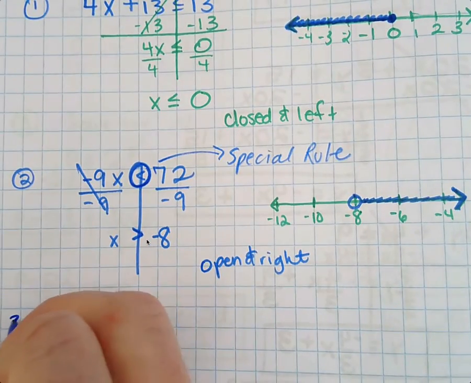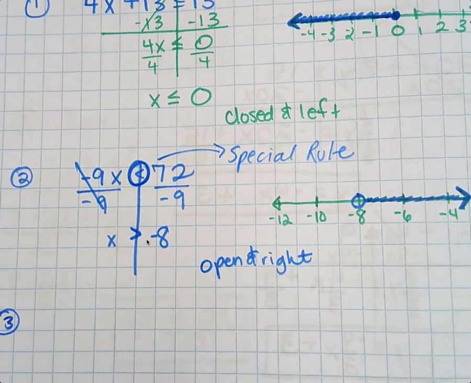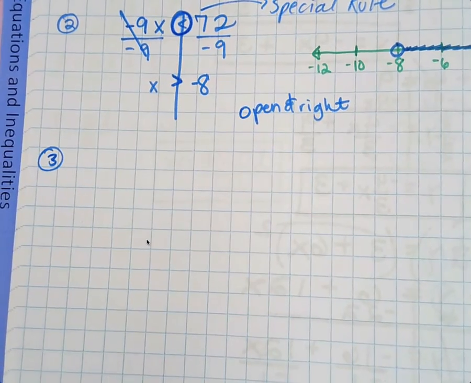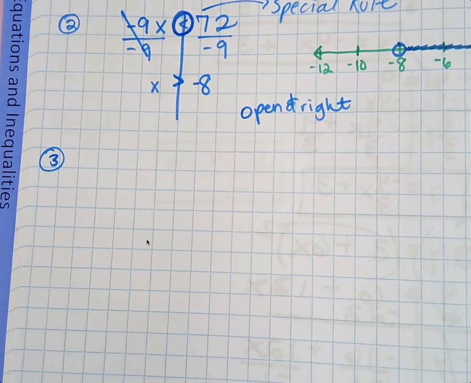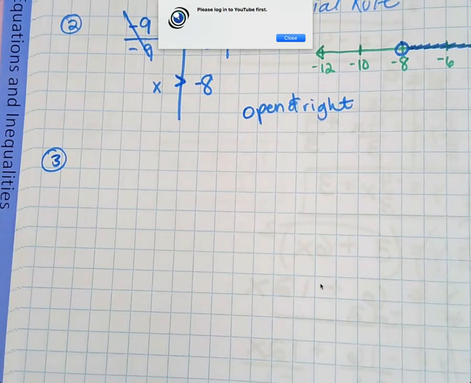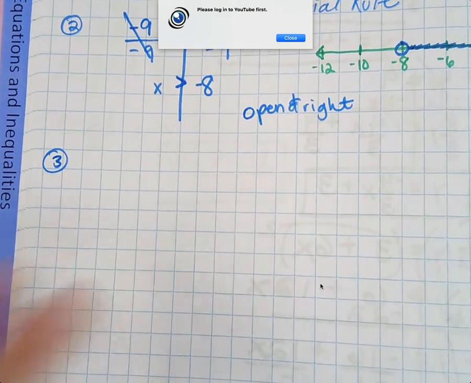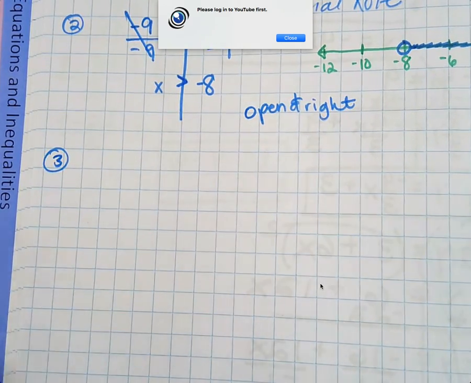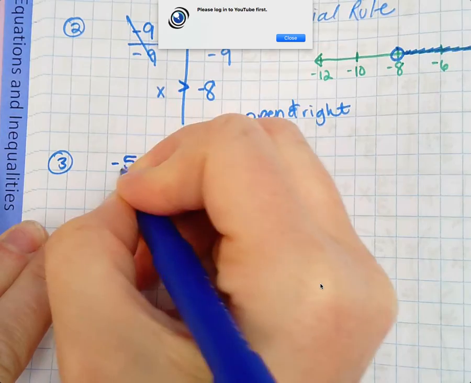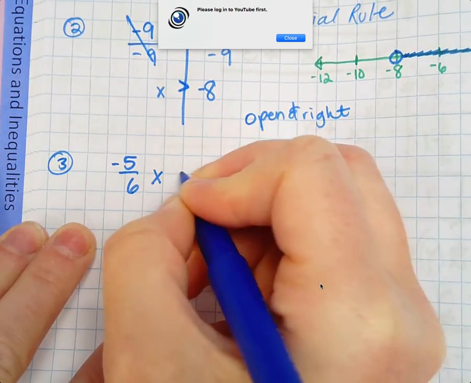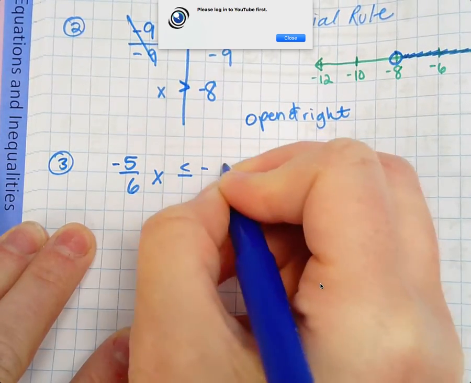Okay, number 3. Let's see. -5/6x is less than or equal to -90.